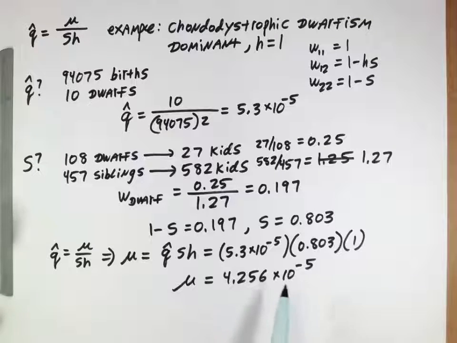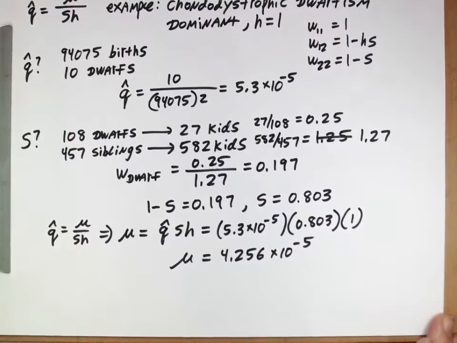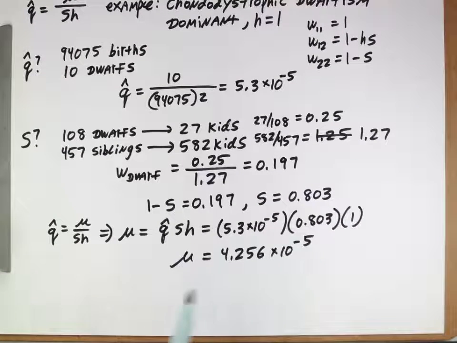So this means this mutation happens about 4 times out of every, say, 10,000. That's a very rare thing. You would not see that if you just looked at individuals who weren't dwarves and how often they produce offspring that are dwarves. Very, very rarely, but we can use this technique to solve for that mutation rate, something that's otherwise very difficult to measure.